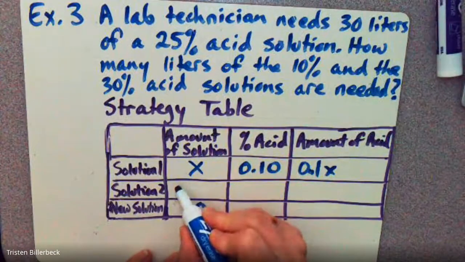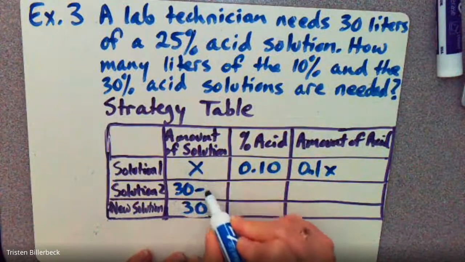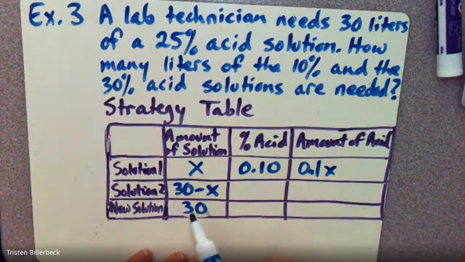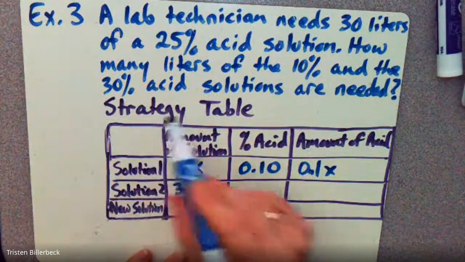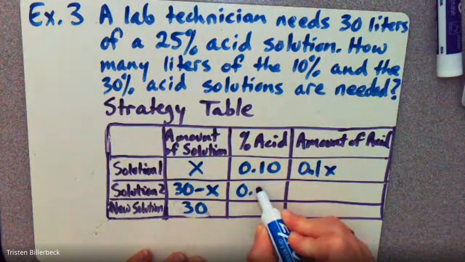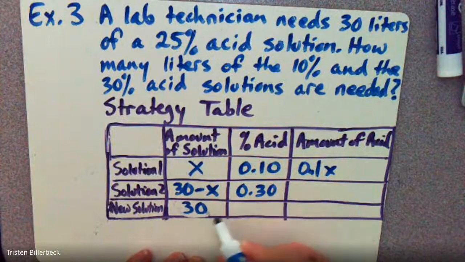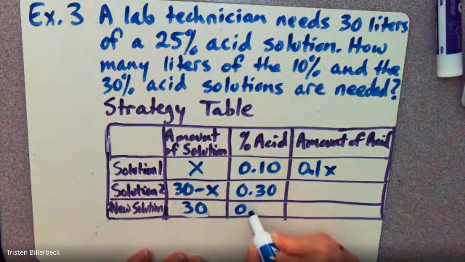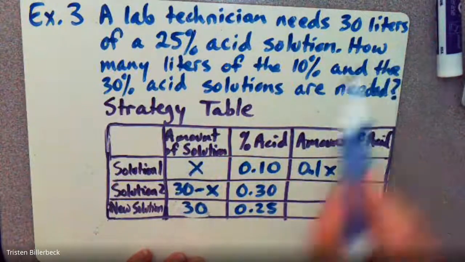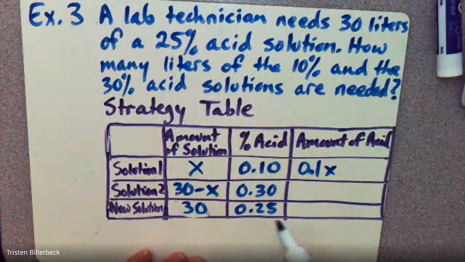So we're going to have 30 liters minus whatever we used of the 10% acid solution. And then that solution quantity was the 30% acid solution. And then our goal is to have 25% solution.